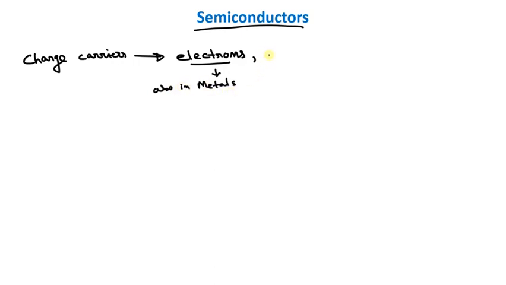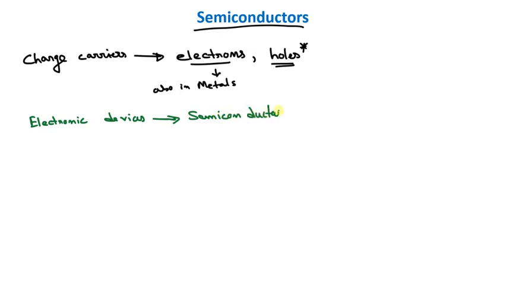However, in case of semiconductor, there is a special type of carrier, and that carrier is called holes, or hole. We'll discuss more about this in the next class: how this hole is created, what is the polarity of charge of a hole, what is its mobility, all these things. Today almost all the electronic devices are made up of semiconductors, isn't it?